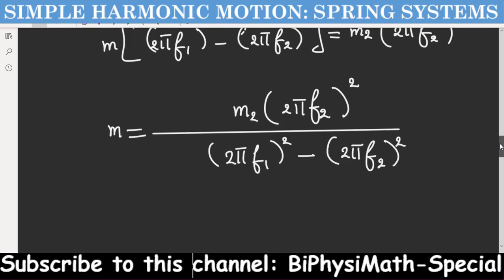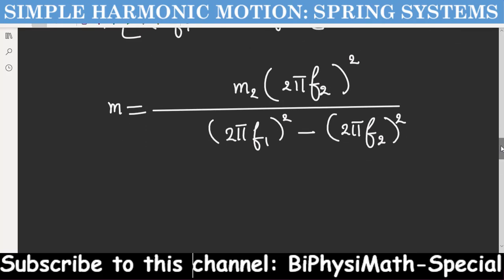Now here you have another common factor. Let's factor it. You see, this pi appears in all these terms, and here I have the square.